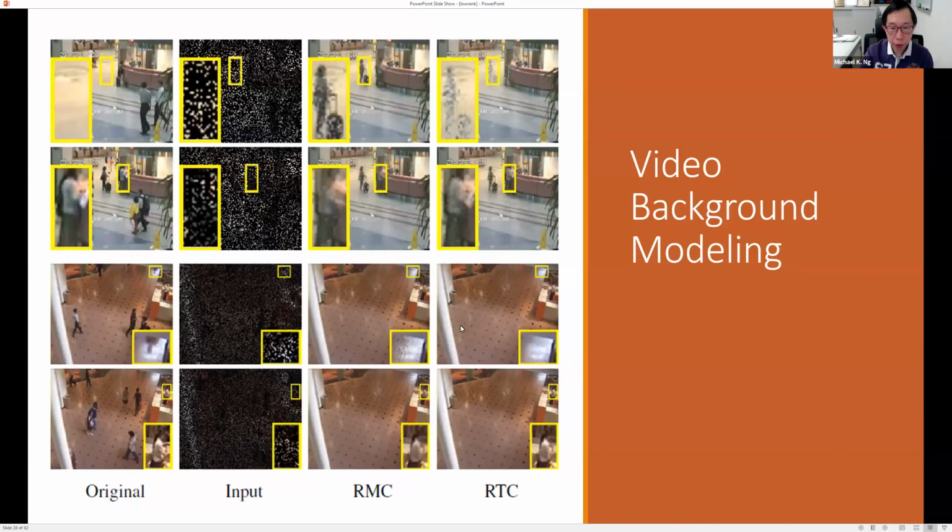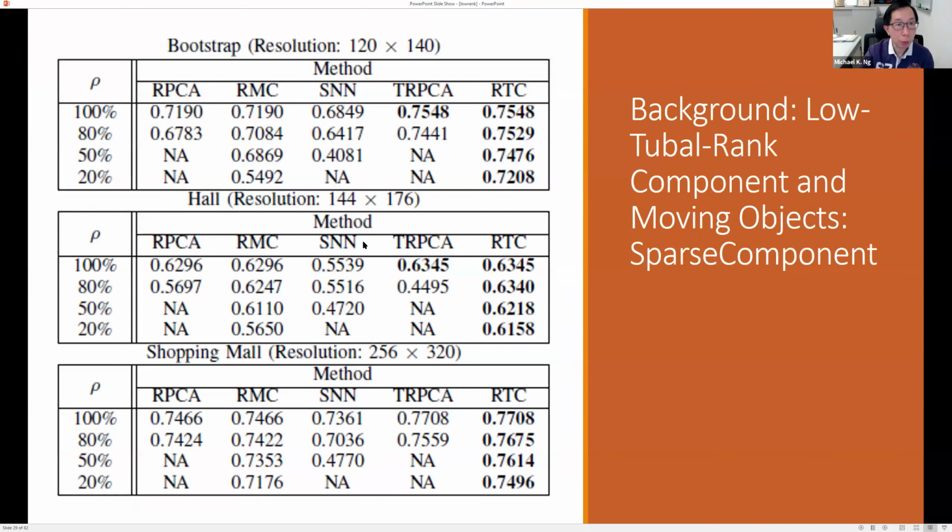You see that visually we have a better result compared with our competitor. This is the original picture. Of course, we still cannot recover everything, but it still looks very good compared with the RMC. And this numerically shows the results for different observation rates and also different methods. Again, here is the accuracy of the recovery, the percentage, something like how correct it is.